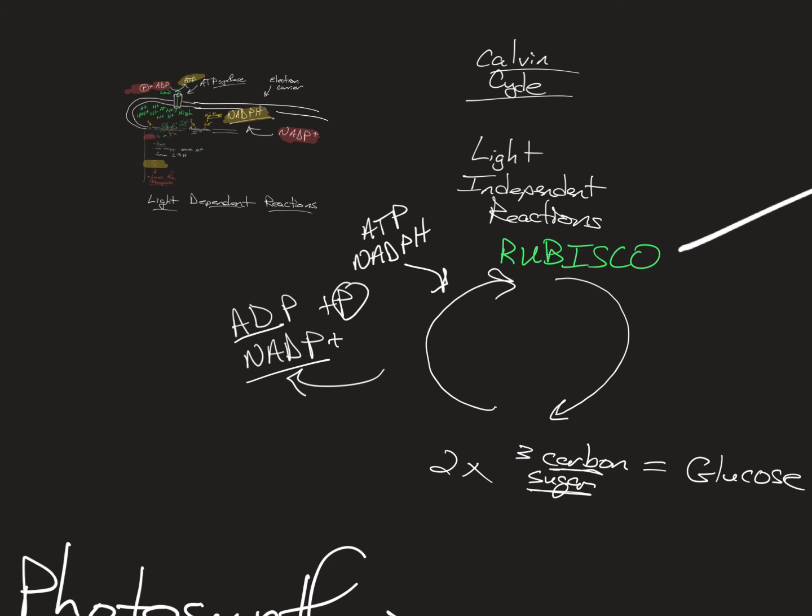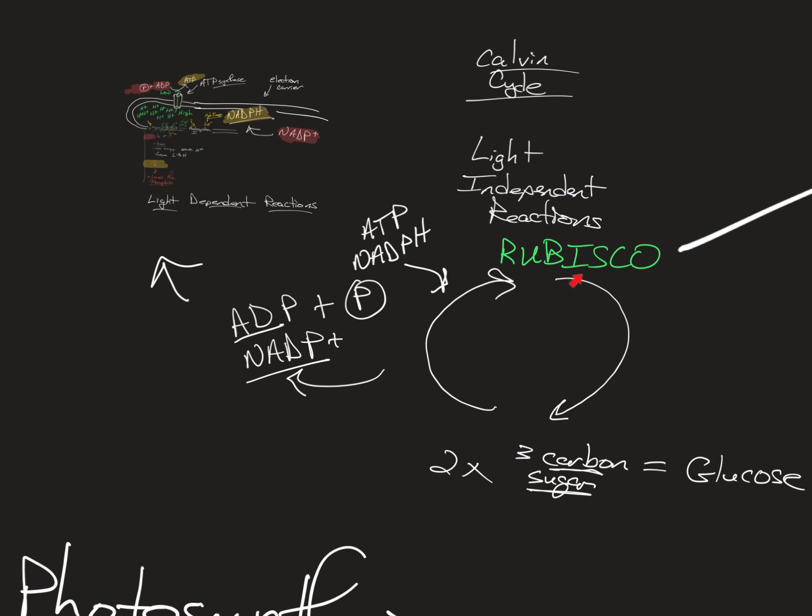Rennie, where's all that going? So ADP and phosphate and NADP plus is going where? It's leaving the Calvin cycle, leaving the independent reactions happening inside the chloroplast, and going where? Going back to where? So with ATP synthase, the phosphate, NADP plus, and ADP are going back to the light-dependent reactions. Correct?